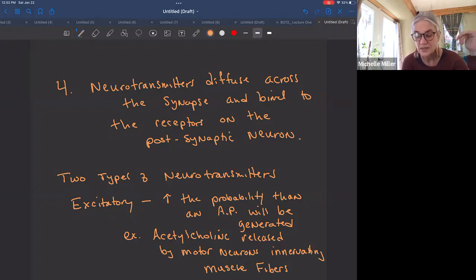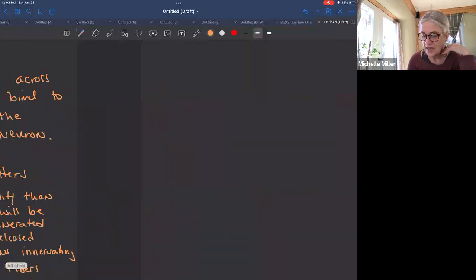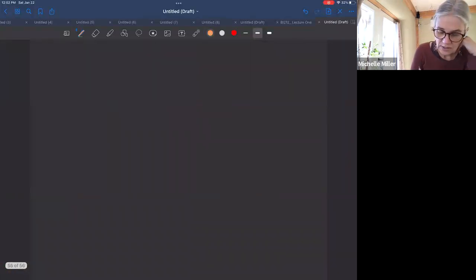Dopamine levels are important. We also have inhibitory neurotransmitters that actually decrease the likelihood that an action potential will be generated. So let's talk about these inhibitory neurotransmitters.